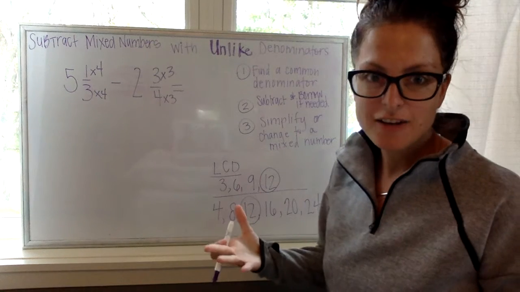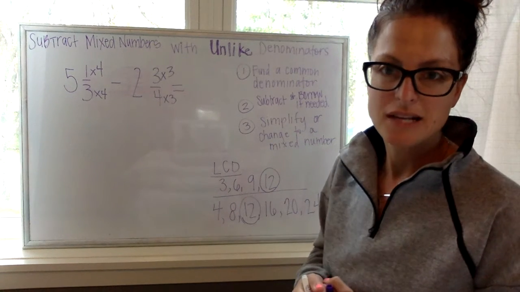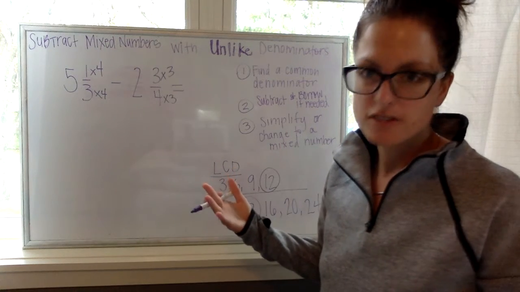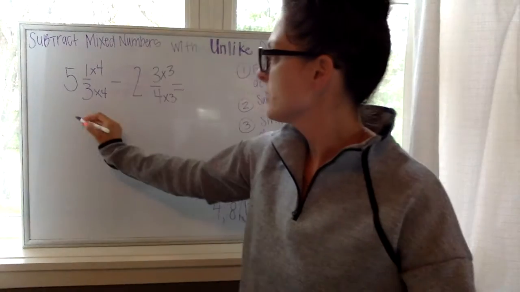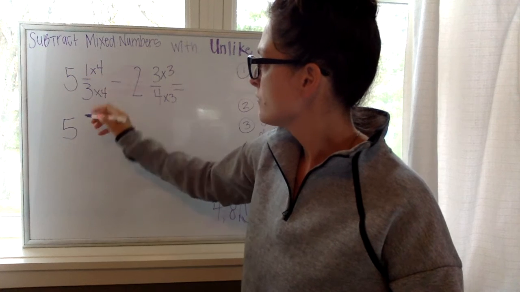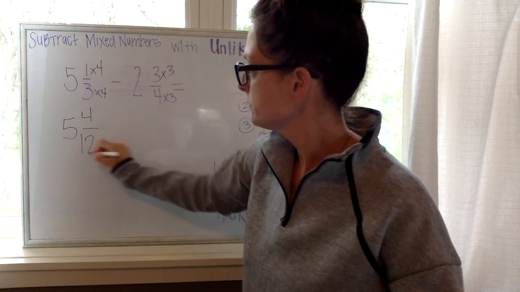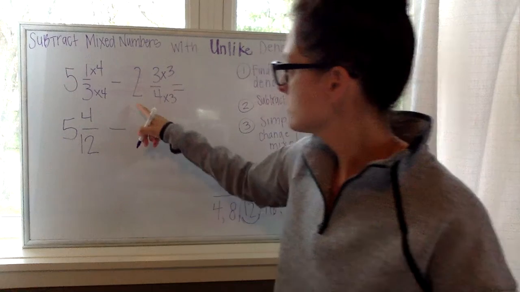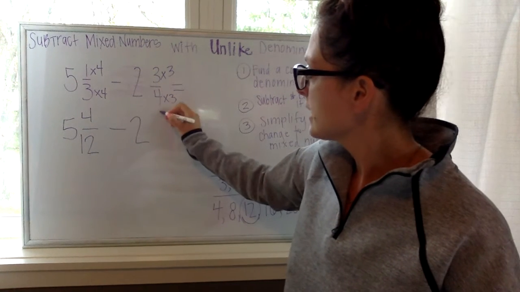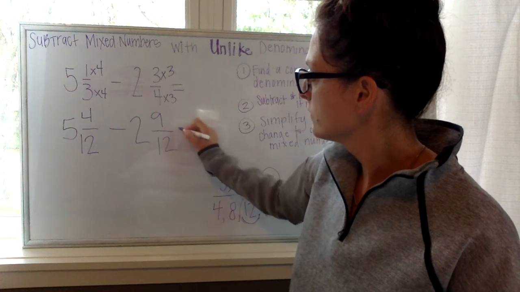However, not all fractions are going to be like that. So always check to see what your least common denominator is, especially if your denominators are pretty large. Now I'm going to rewrite my fractions. I have 5 and 1 times 4 is 4, 3 times 4 is 12. Minus 2 and 3 times 3 is 9, and 4 times 3 is 12.